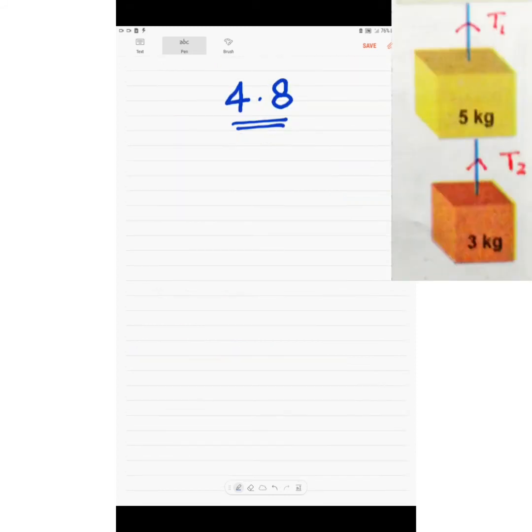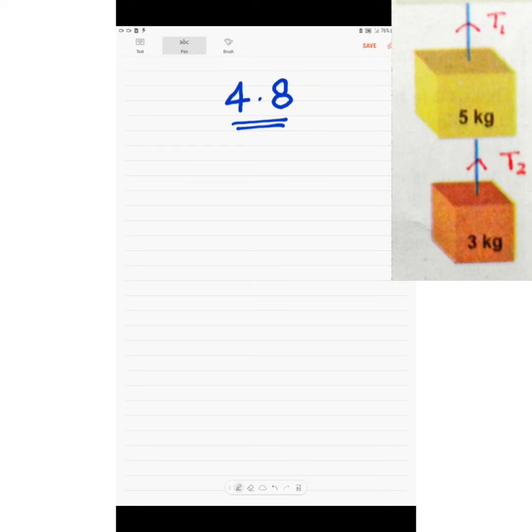Problem 4.8. Two blocks of masses 5 kg and 3 kg are suspended by the two strings as shown in the figure. Find the tension in each string. So first of all, you should understand the figure. The first string, in which tension 1 is indicated, is holding both of the blocks.